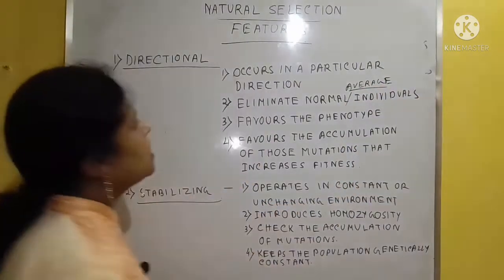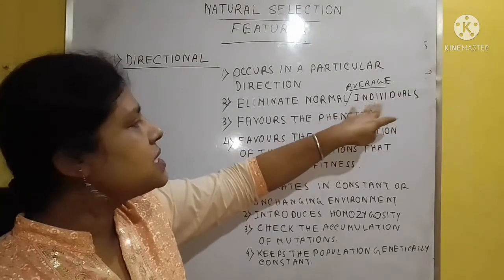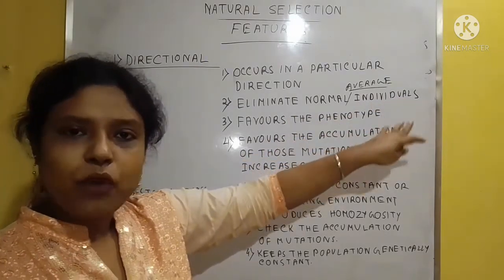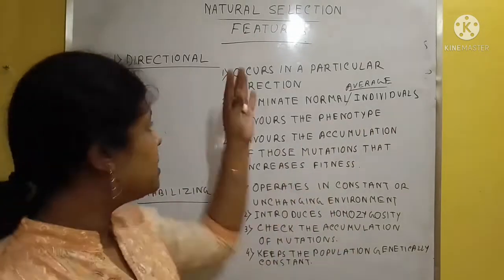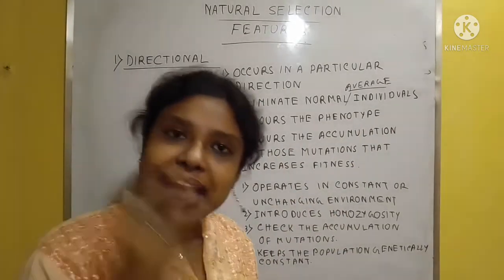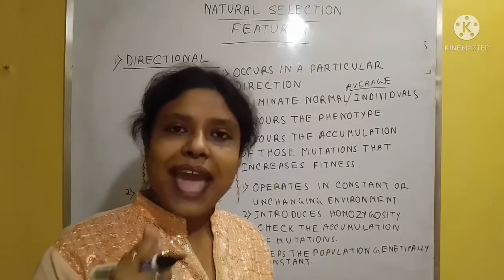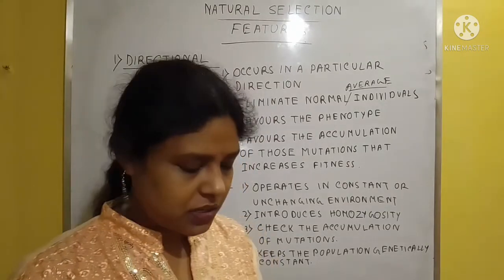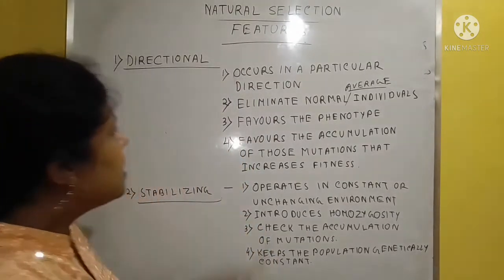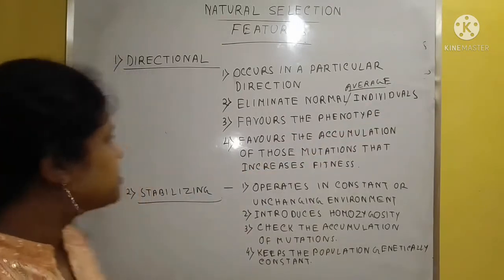Clear? So actually the average individuals are totally eliminated from the species group. Okay. Here only the individuals remain which have the actual features for fighting with the environment. Clear? So normal or average individuals are eliminated.